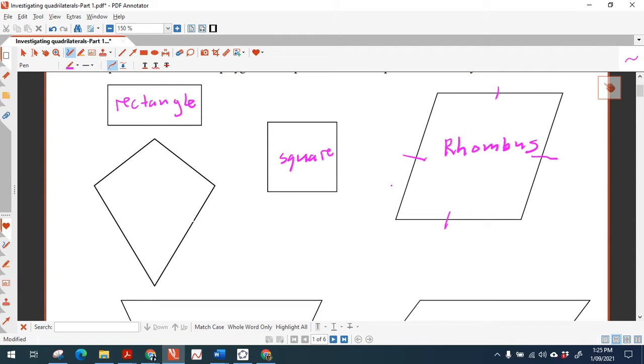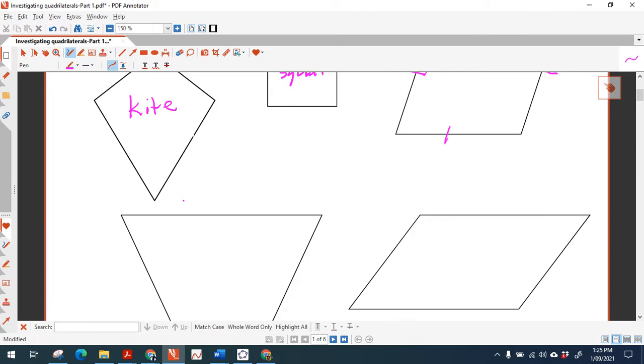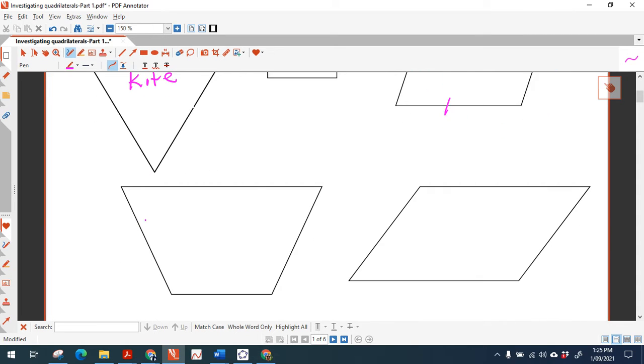This one over here is called a kite. This one down here at the bottom is called a trapezium. And what's special about a trapezium is at least one pair of sides are parallel.